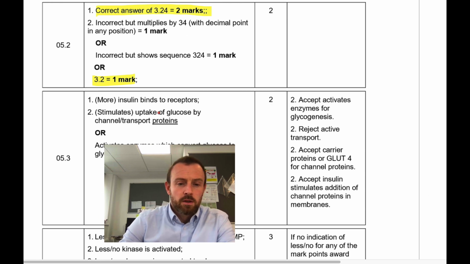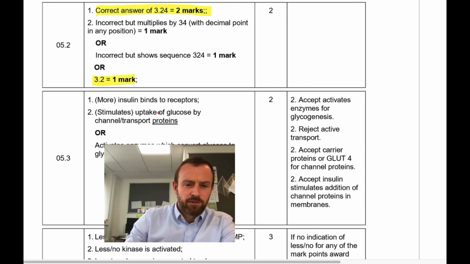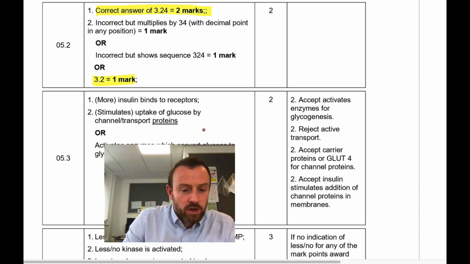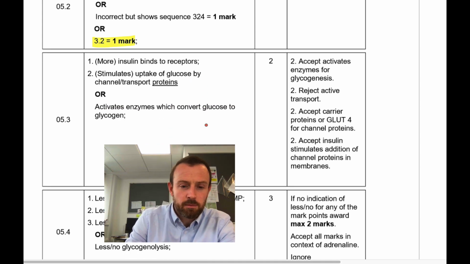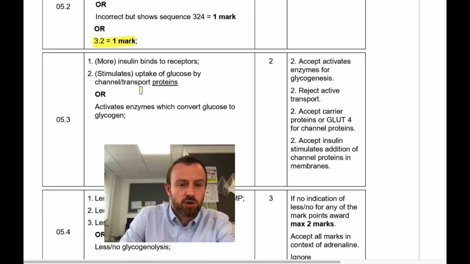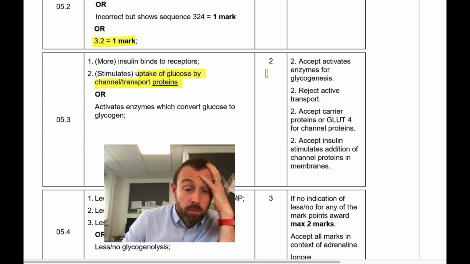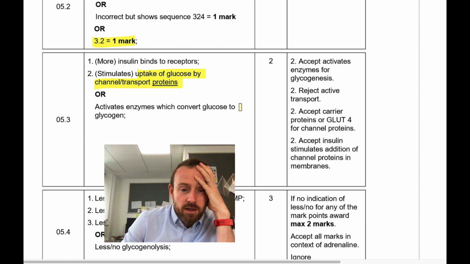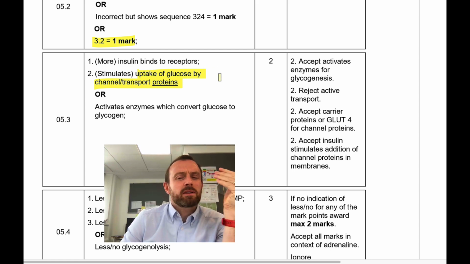Okay, so definitely get a mark for point 2. Stimulates uptake of glucose by channel or transport proteins. But I'm a bit perplexed that most of the marks are just for describing the normal mechanism of insulin action.